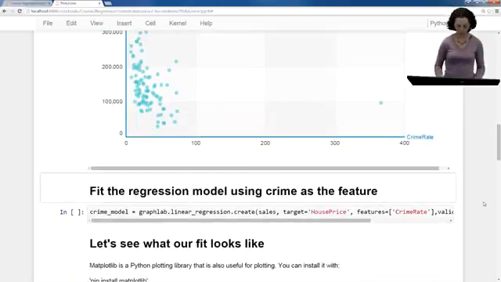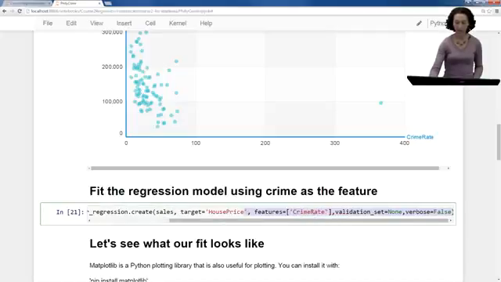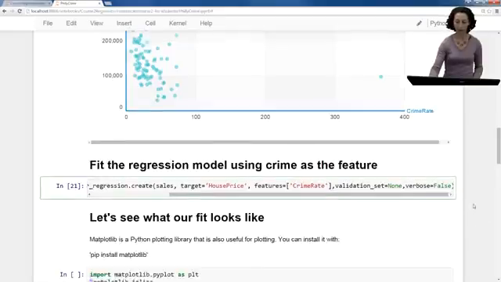So we're going to go through and fit this regression model doing our standard linear regression command, taking our target or our output to be the house price in that region, and taking our features to just be a single feature, which is crime rate in that town.